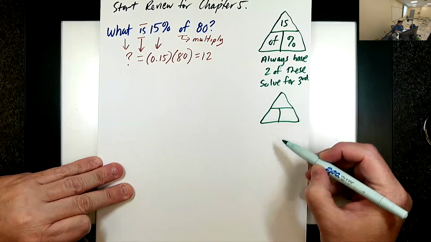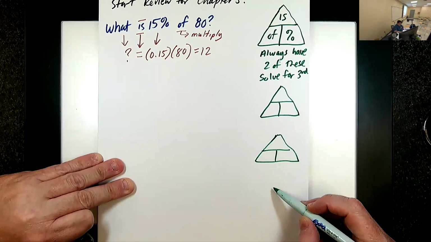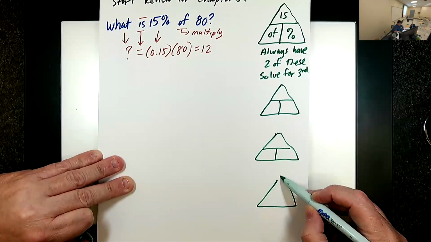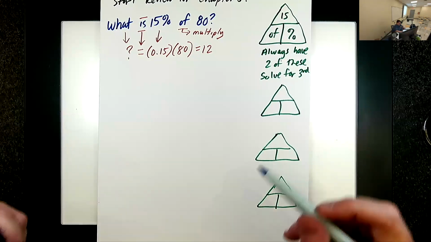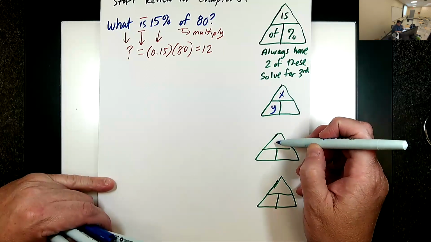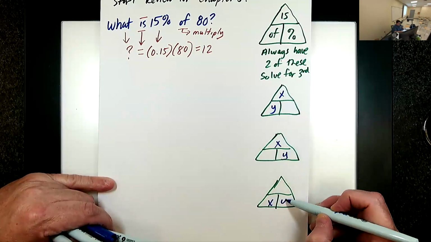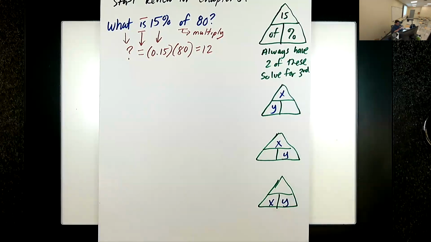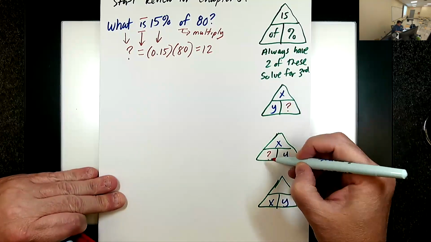I'll draw the triangle 3 times. We could have X up here and Y down here. I'm going to use X and Y like this just to show some stuff. Or X and Y down here. That's 3 possible combinations. And then the third one is always going to be our I don't know what's going on thing.